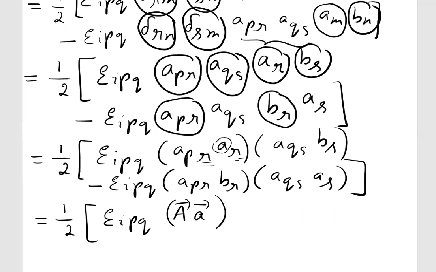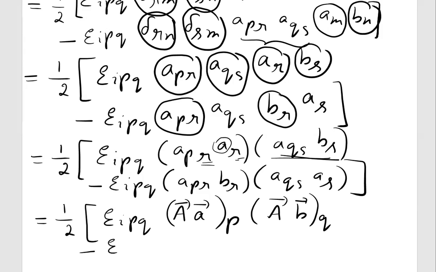So P is the only free suffix. So P will come. Similarly, this part will be A because these are the coordinates of A. And we have B S, no? So small b and S is dummy. So Q will come. Right?